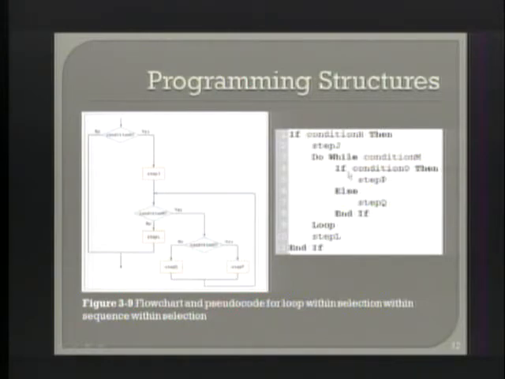If you look on the right, you'll notice something kind of interesting here. I'm using indents to help me keep track of where things are. So you look at line number 1, it says if condition H, then, and the end if is down here. So everything between lines 1 and 11, all this stuff over on the right side. Notice step J comes first and it's indented over. I just hit the tab key and it just pushes it over. And then here is my loop. This entire thing right here is my loop. And it says do while condition M. That's this question here.